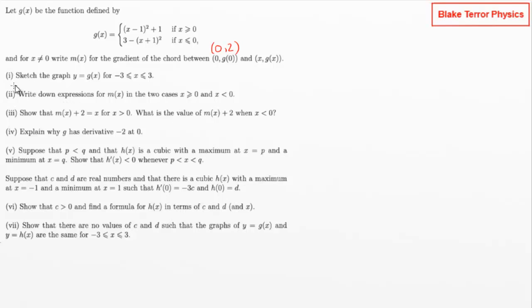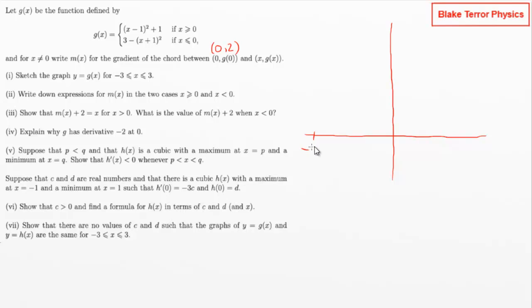Anyway, right, start off with part 1 then. Sketch the graph y equals g of x between -3 and 3 inclusive. Have we got more negative, more positive? I'm just trying to decide which way to draw the axes. We seem to have more positive than negative on this, so let's just lean a bit in one direction.